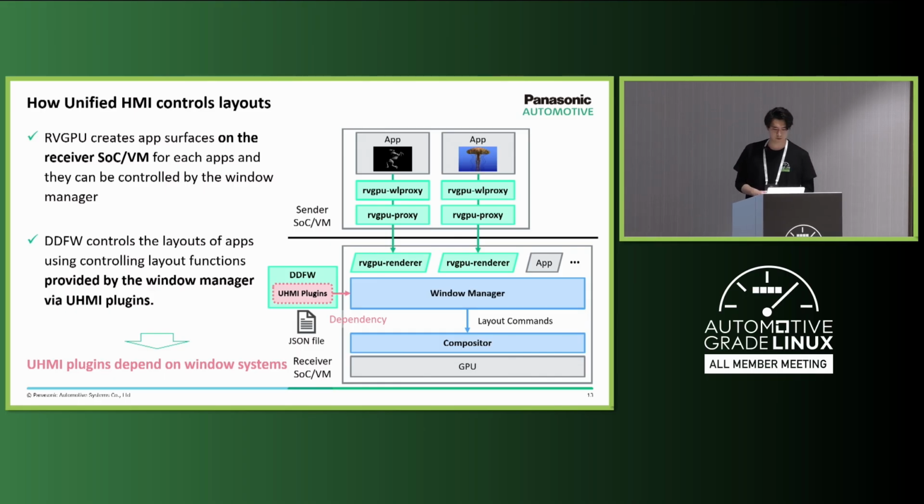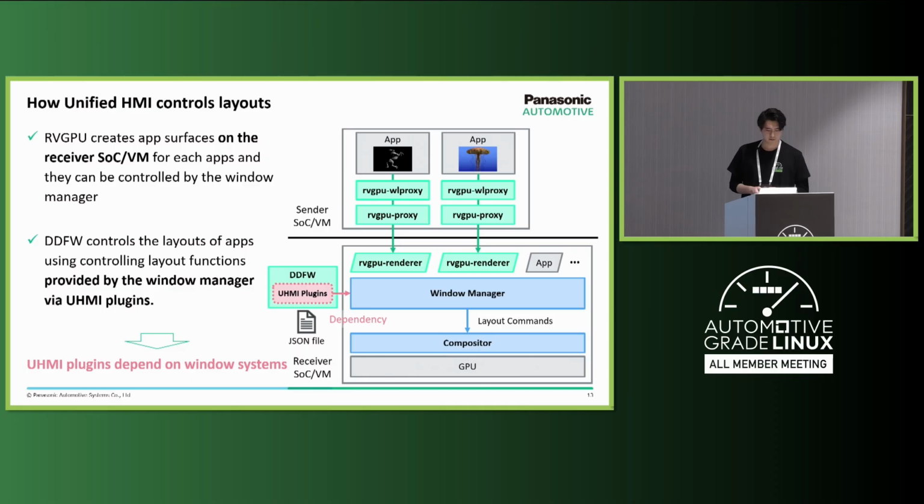Next, I will introduce how unified HMI controls the layouts and why it depends on the windowing system. First, when you run applications on the sender using RVGPU, it creates application surfaces on the receiver side for each application. And these surfaces can be controlled by the window manager for layouts and compositing in the same way as applications rendered without RVGPU.